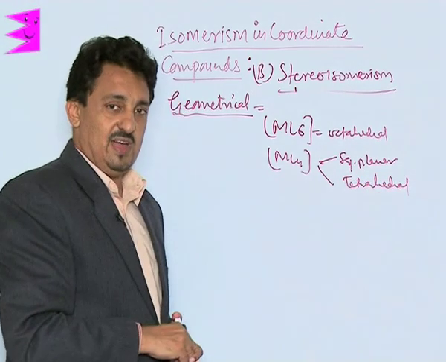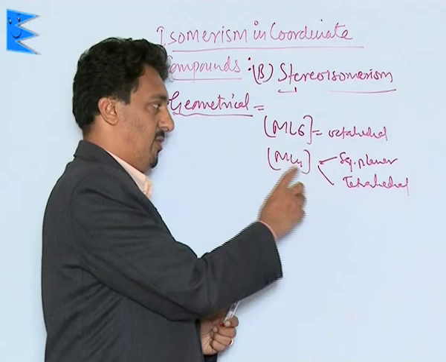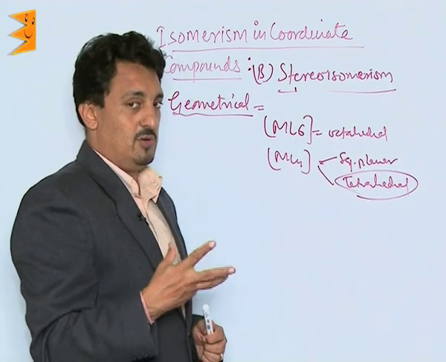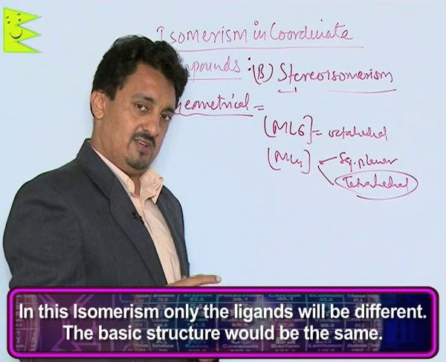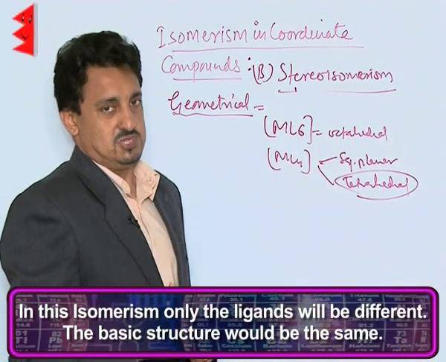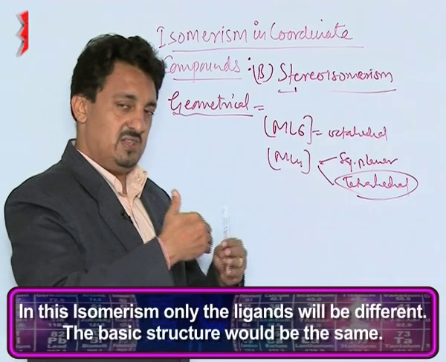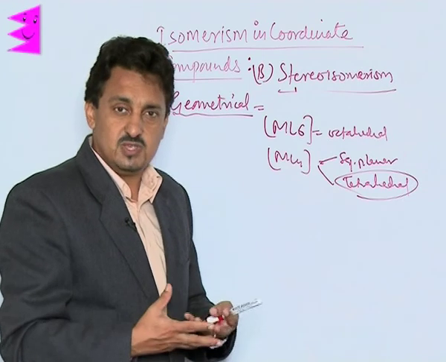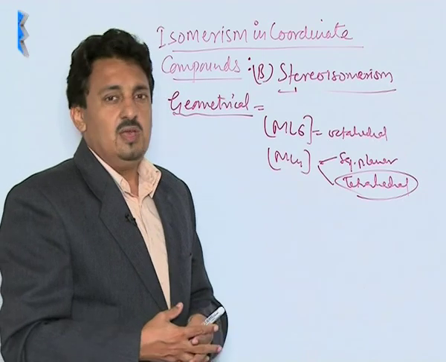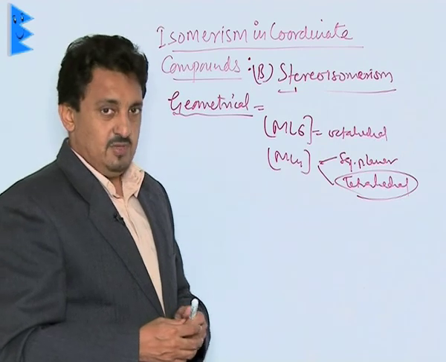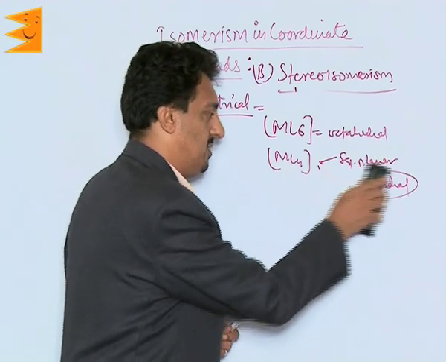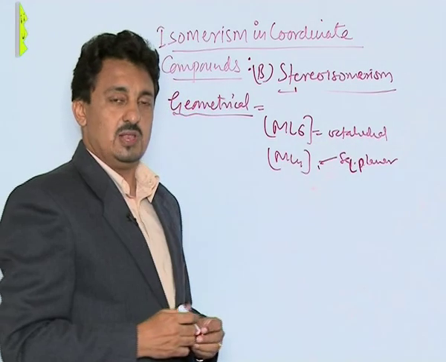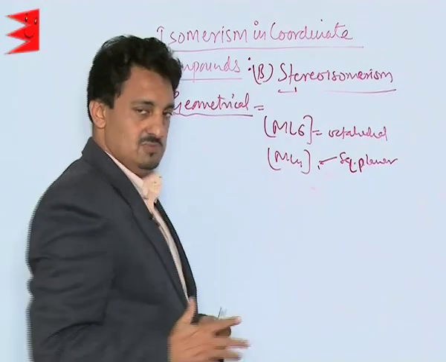But the other fact about ML4 is that we have very few examples of tetrahedral coordination entities, and most important to note is that tetrahedral coordination entities don't show stereoisomerism, because it becomes very difficult to find out which two ligands are opposite to each other, so we won't be able to assign them as cis and trans type of isomerism, and they always contain one or more elements of symmetry, so that is why they don't show optical isomerism. So we have only the square planar or the octahedral complexes showing stereoisomerism.